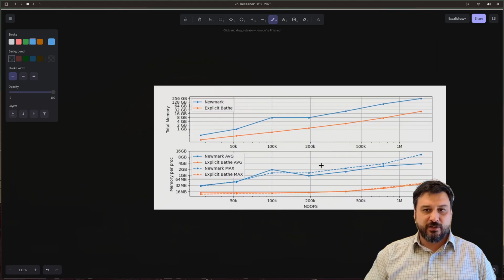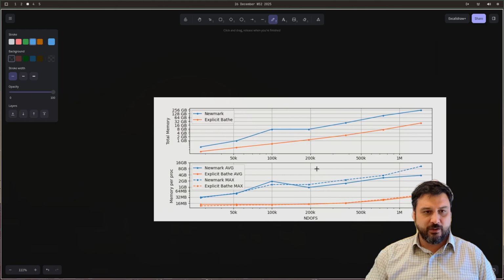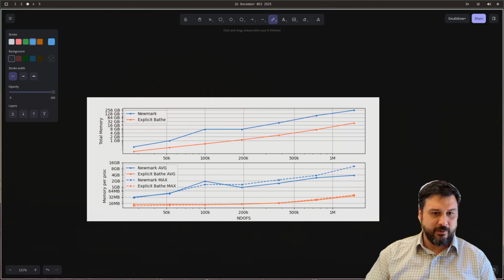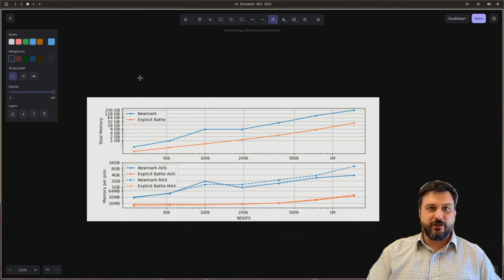And then the last plot I wanted to show you here, or maybe not the last one, is the memory per degrees of freedom. So this is useful because it's not per processor, it's per degrees of freedom, and you can see what explicit Bathe is trying to do compared to Newmark. And there are some ups and downs to this, but basically explicit algorithms just don't use memory at all.